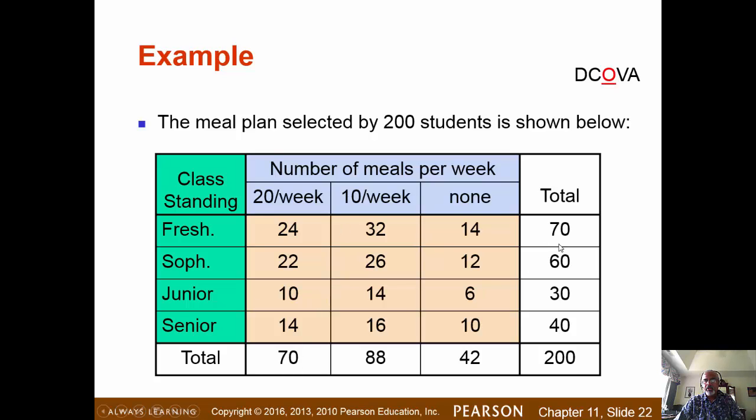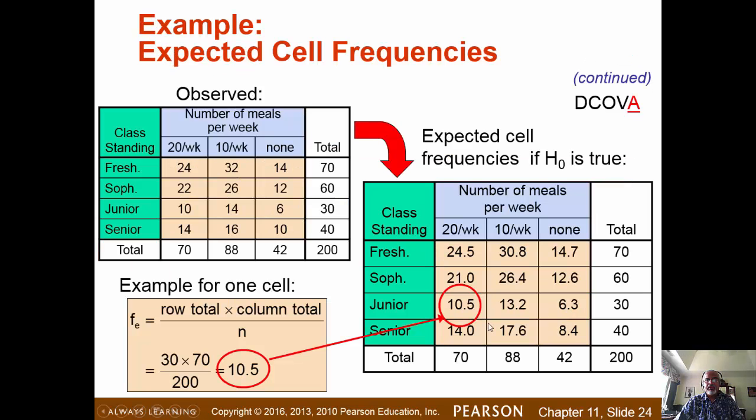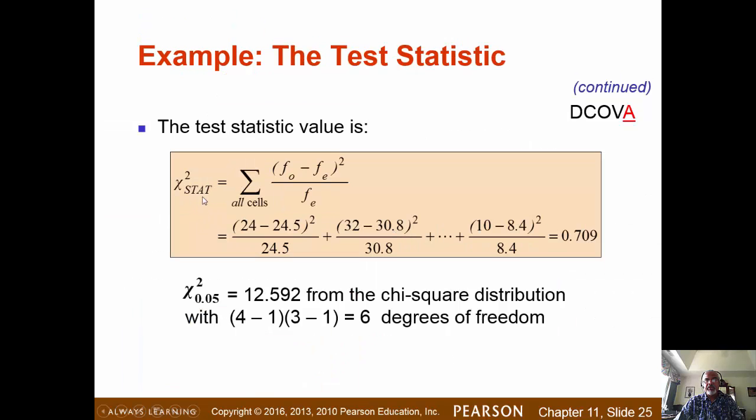Then you multiply the row total times the column total divided by the grand total, the number of samples. Then you have your expected frequencies. Once you have the expected frequencies, then you can find the chi-square statistic. Row minus 1 times column minus 1 gives you the degrees of freedom, and for alpha of 5% you find the chi-squared table value.